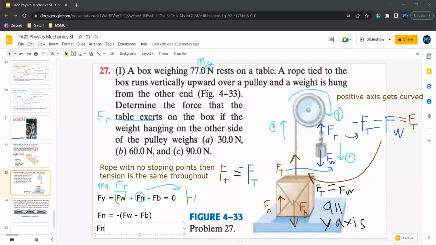So I'm going to just rearrange. Oh, no, I won't. Negative force of weight plus 77 newtons. Right, because that's the force of the box. And then you plug in for all of the weights from here.